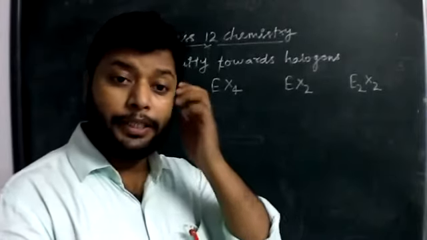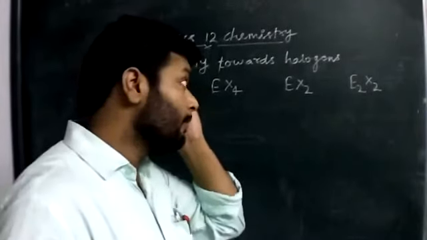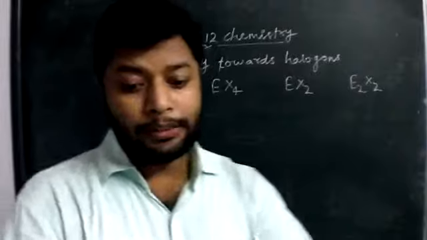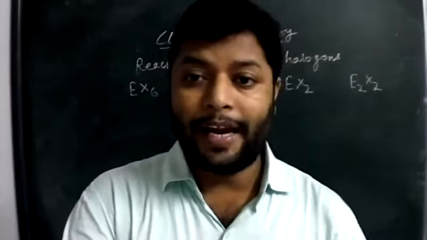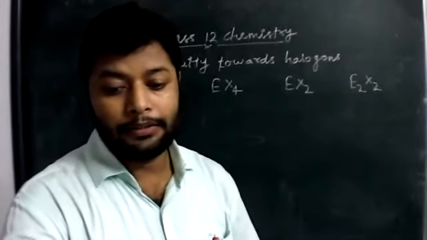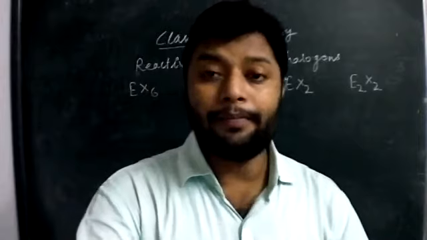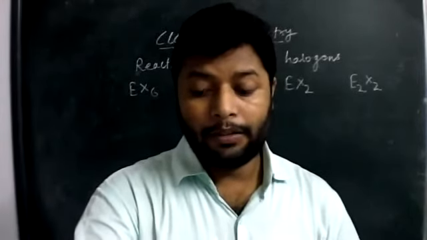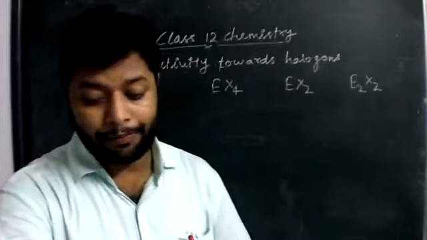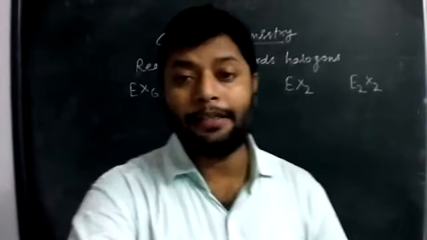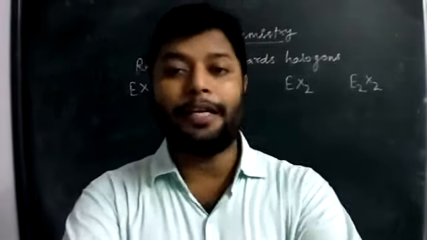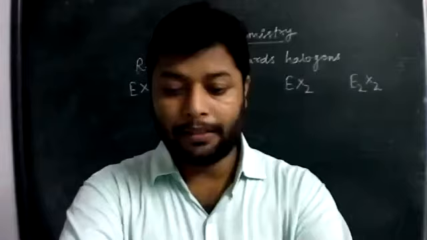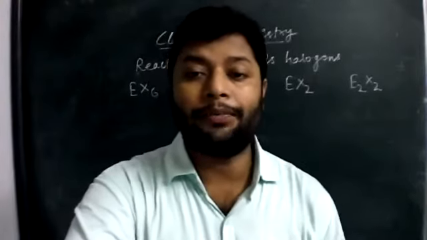You can see E2X2, with some reactions given for the dimers of sulfur and especially selenium. You have to learn this from CRT page number 189, the first line of the page.